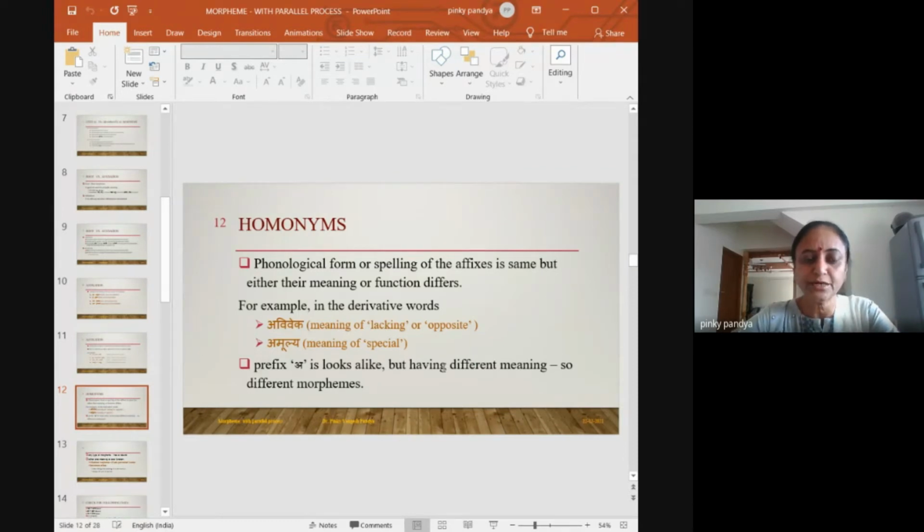In both words there is the prefix a, but it gives different meanings. In avivek, it adds the meaning of lacking or opposite, forming an antonym. But in amulya, it gives the meaning of special, not less of mulya but special value. So the prefix a looks alike but has different meanings, so they are different morphemes.